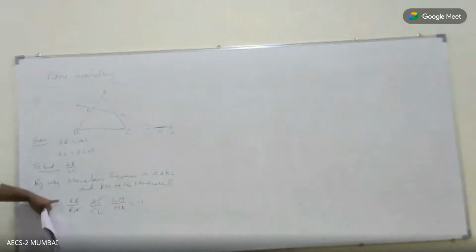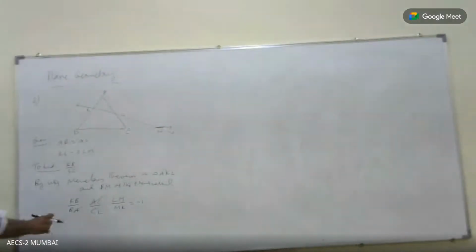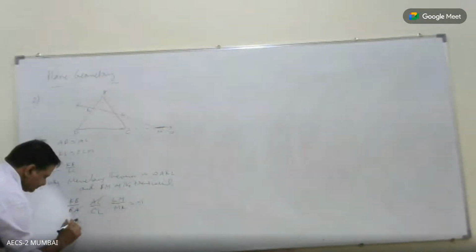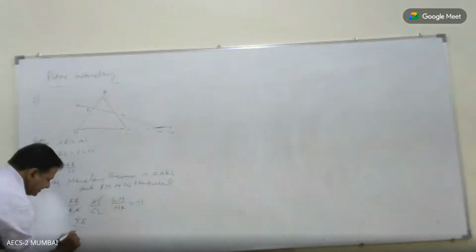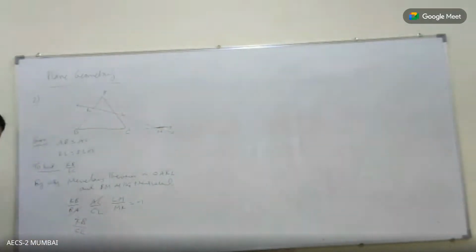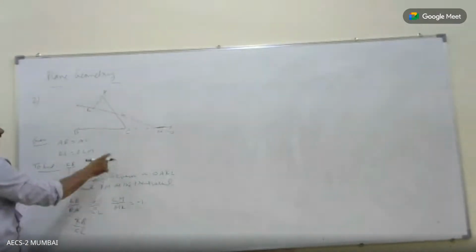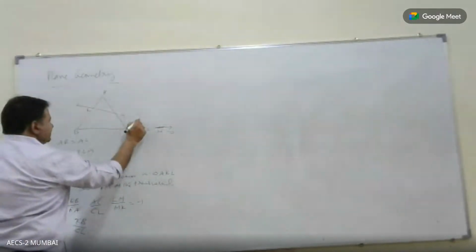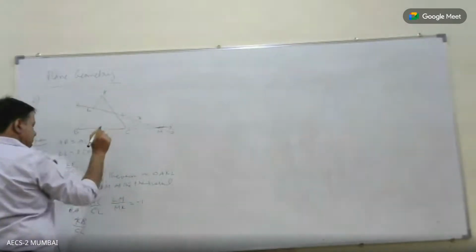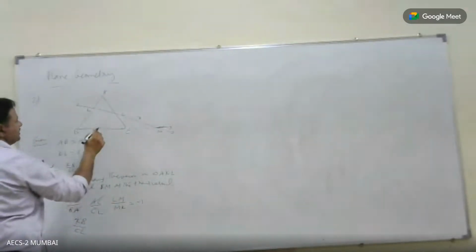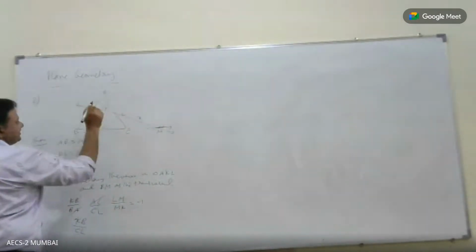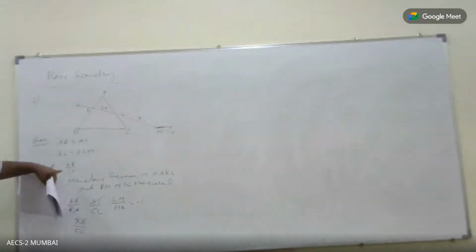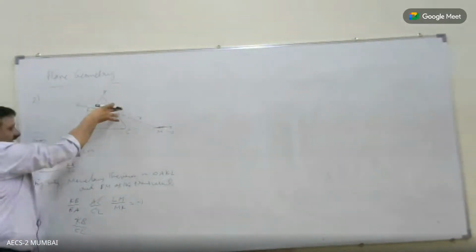Under KB, LC. KB by CL, we need to find. So no need to touch this. LM by MK. If I take LM as x, this will become 2x, right? As per the given information, KL equal to LM.